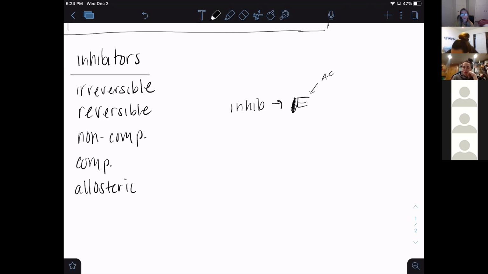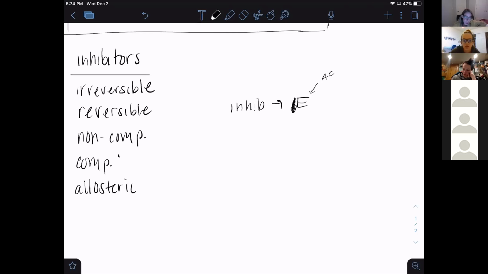So if you're not binding to the active site, what are you? Is it a non-competitive inhibitor? So why would it be non-competitive? Because it's not competing with substrates for the active site.